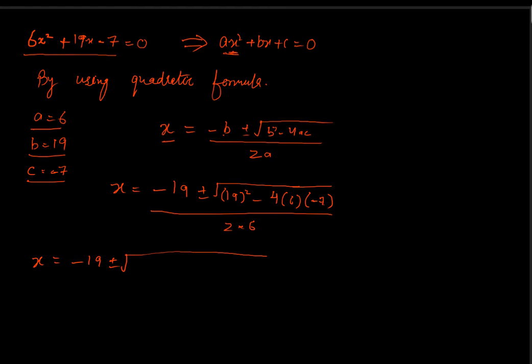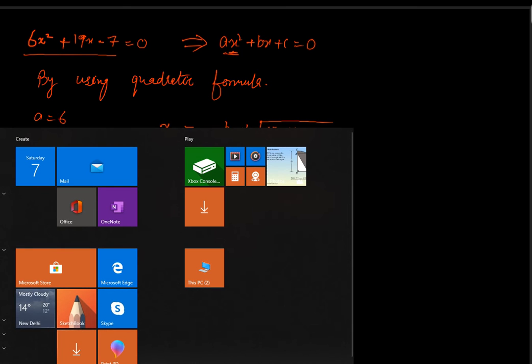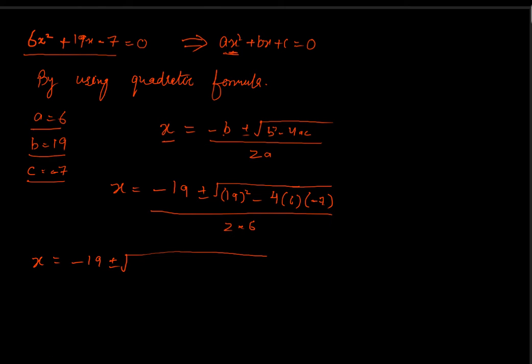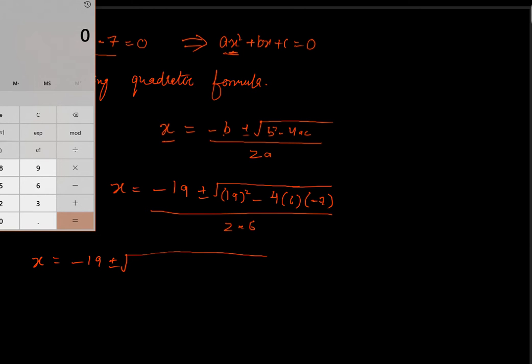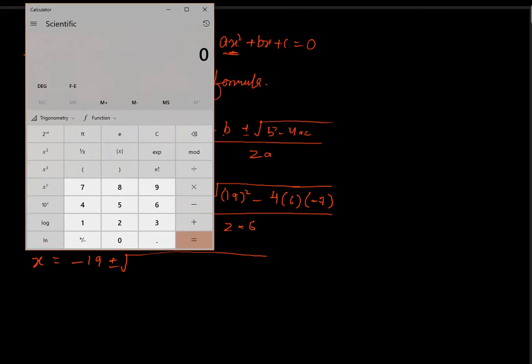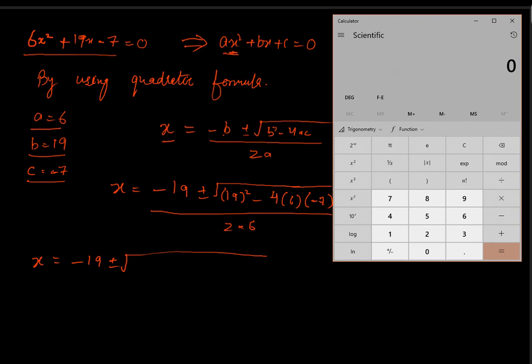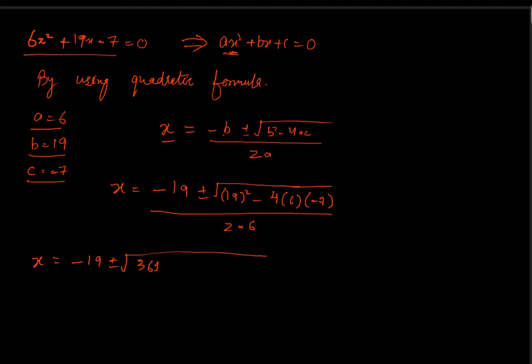I'll calculate 19 squared by using the calculator. 19 squared will be 361. So I'll write 19 squared is 361.